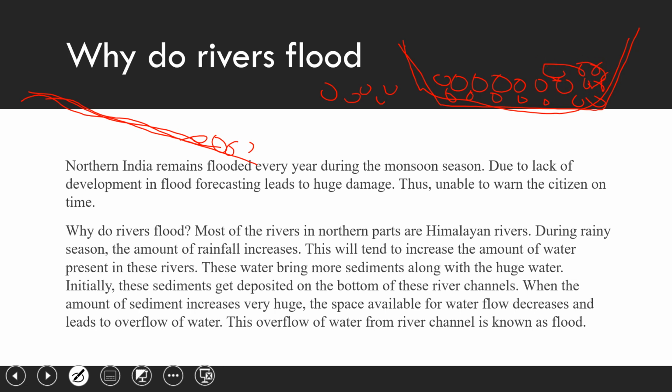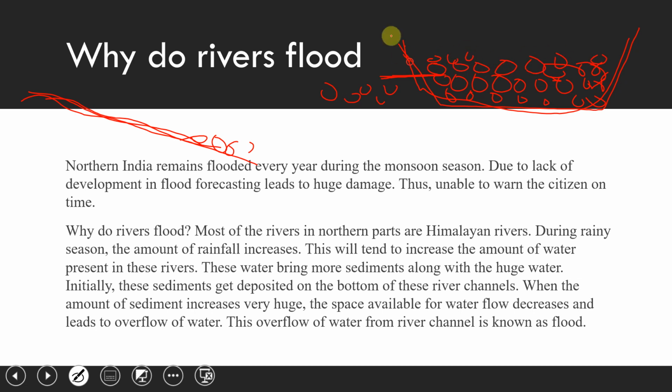Suppose in a normal year the level of sediment was this, and when the rainfall or the water level increases, whatever the reason behind it, the sedimentation process will also increase, the sediment carried by the river will increase, and ultimately this sediment will come above.